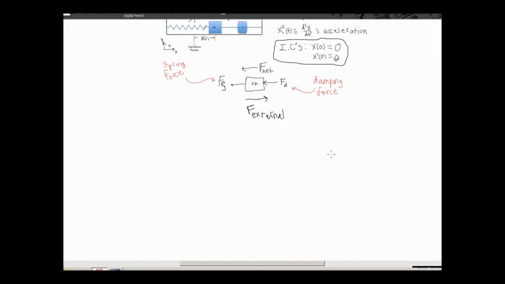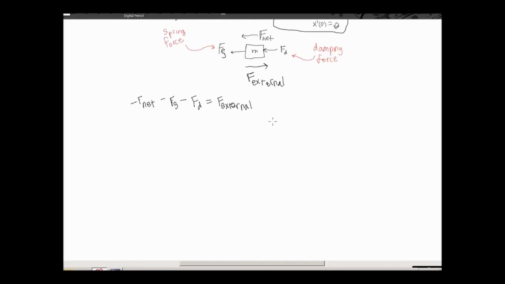Okay, so looking at the free body diagram, the net force on this object is mass times acceleration.